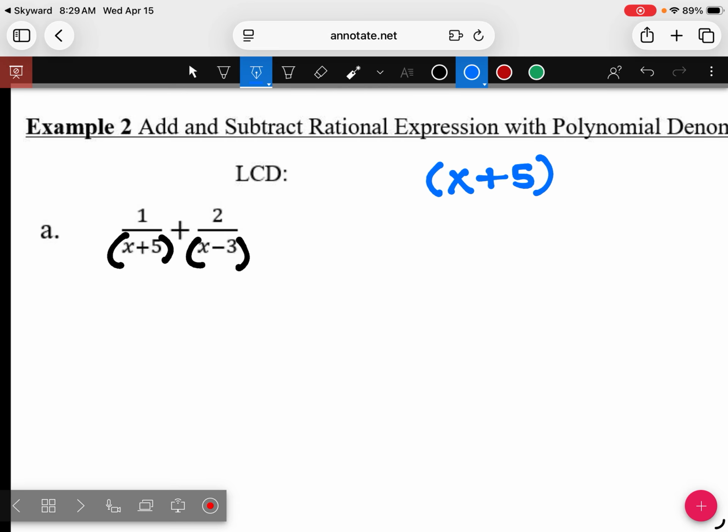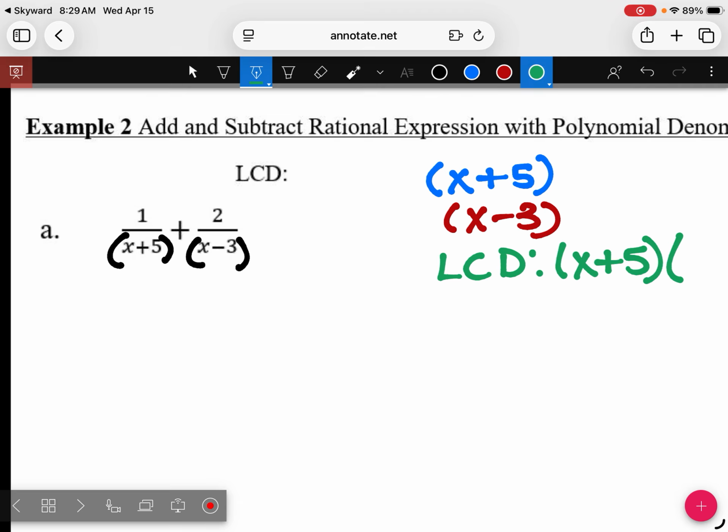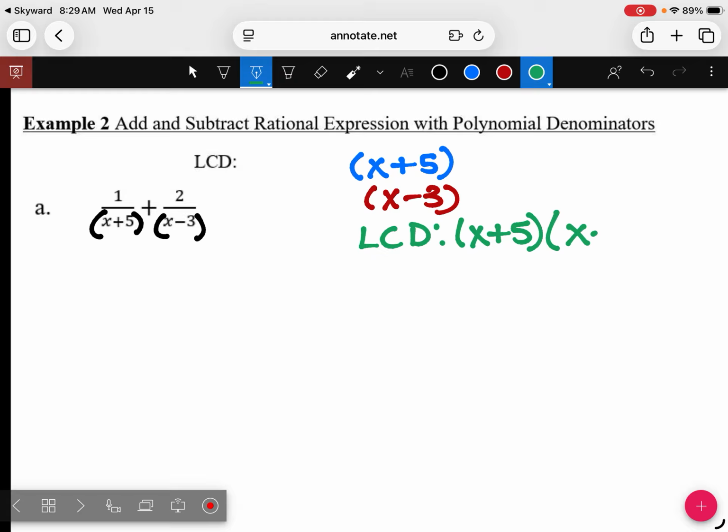And my second fraction has a denominator of x minus 3. So my LCD is x plus 5 and x minus 3. That's my LCD. My LCD is both factors together.